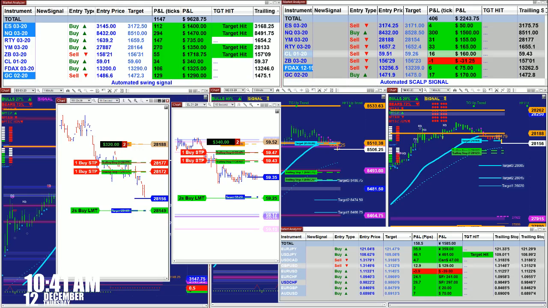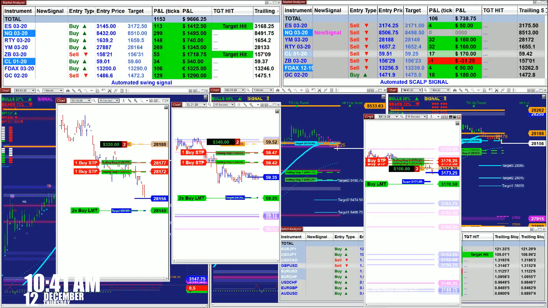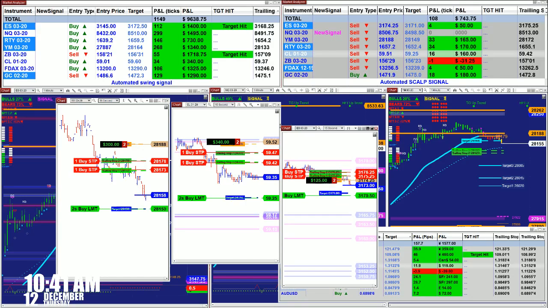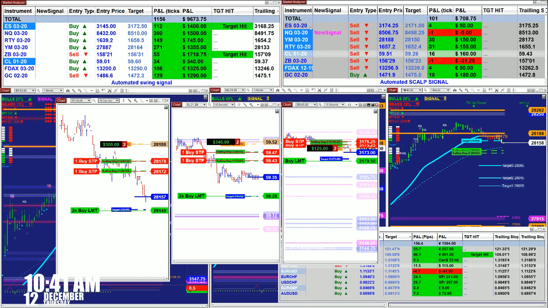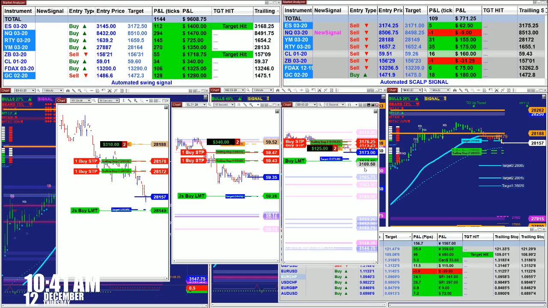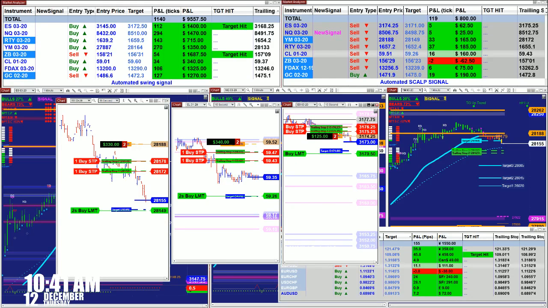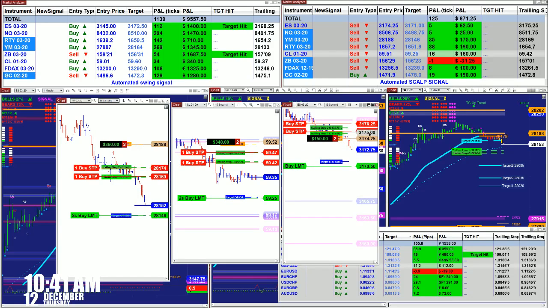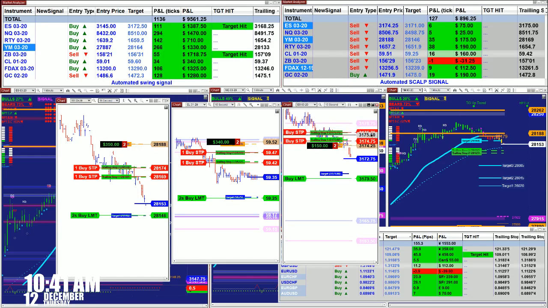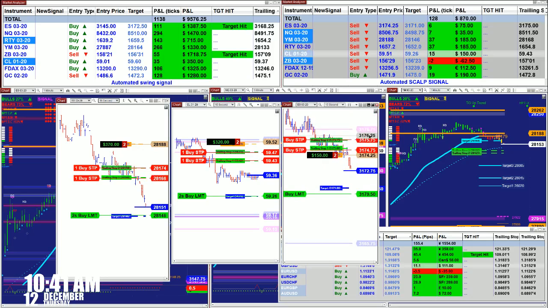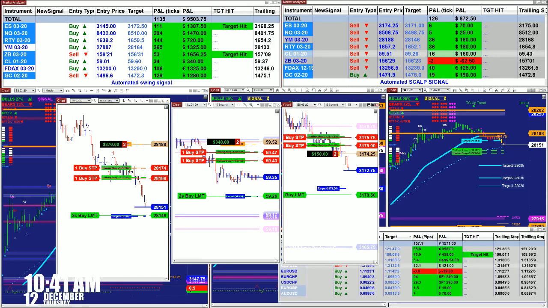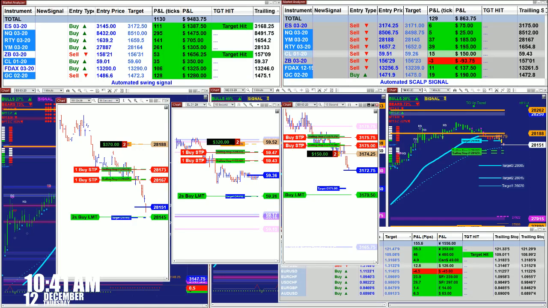And now the ES also joined the short trade. As you see, the ES just fired a new signal, and this is absolutely beautiful. This is the way you can keep your eye on the trade, and you can manage your own trade and before you know it, you are done.